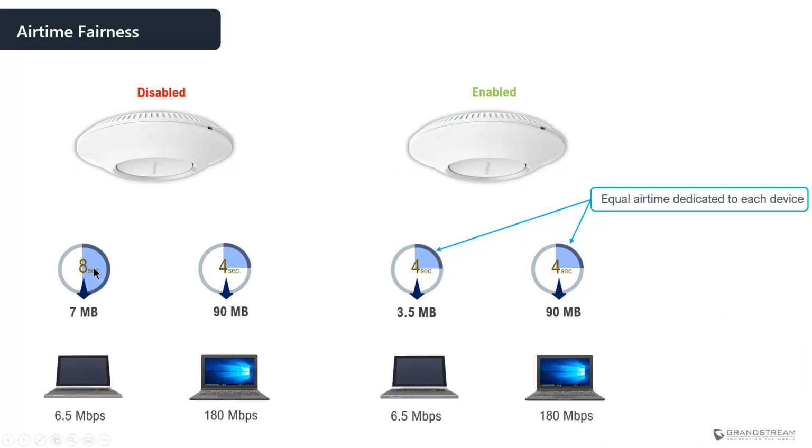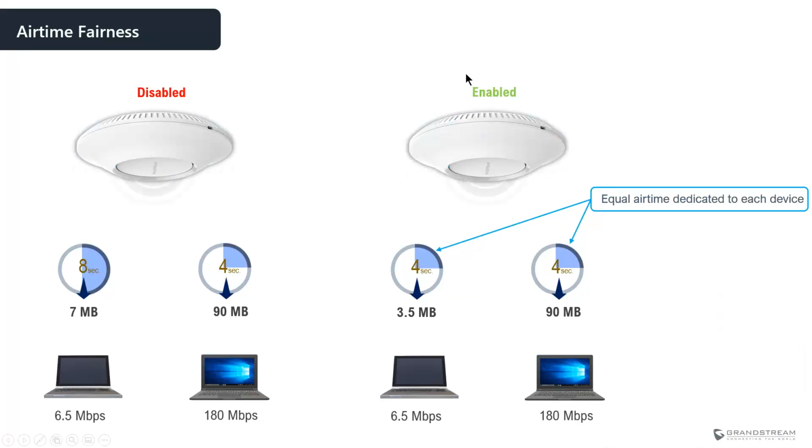In our example, these numbers are only for illustration purposes. This one will take 8 seconds to transmit 7 megabytes of data, while the high rate device, this computer, will take only 4 seconds to transmit 90 megabytes. So if you notice here, the high rate device will need to wait 8 seconds to resend whatever data it needs to transmit.